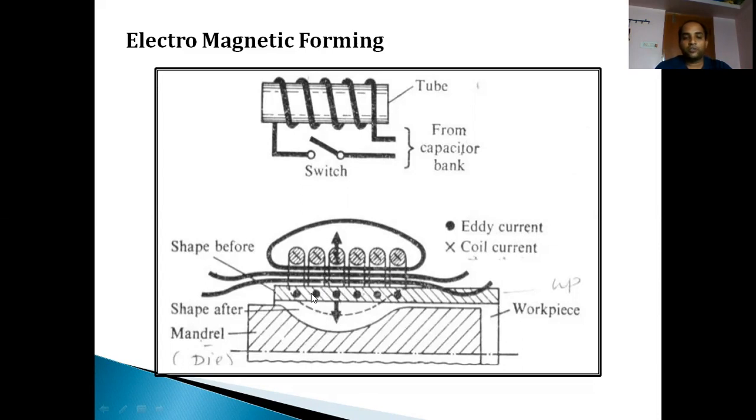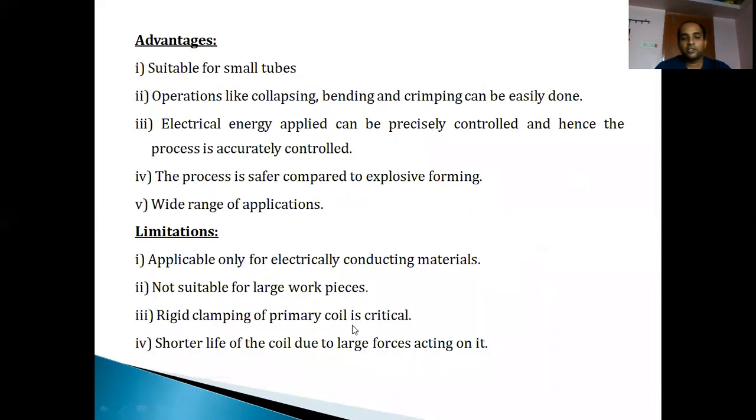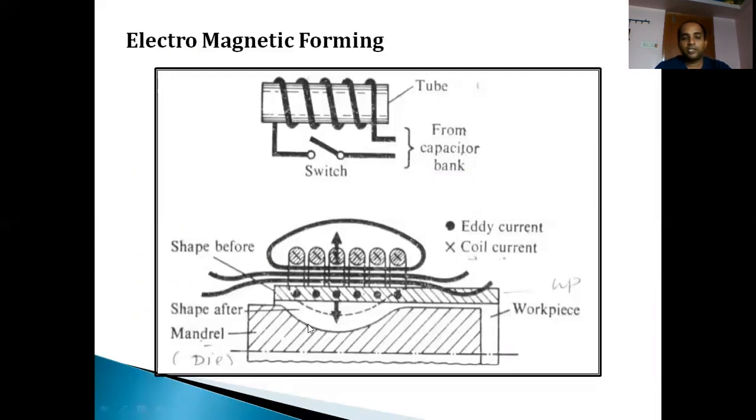Due to these repulsion forces, this part of the material goes for deformation and attains this curved shape. This is due to the magnetic field developed between the eddy current coils, which is sufficient to deform the workpiece in the form of a bulging of a tube or a ring-like structure.